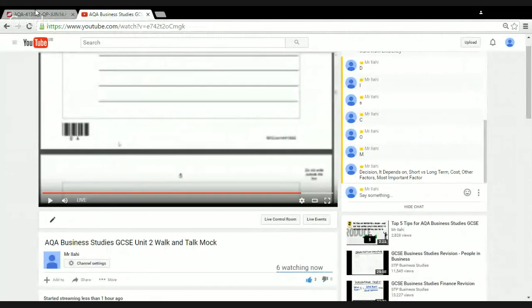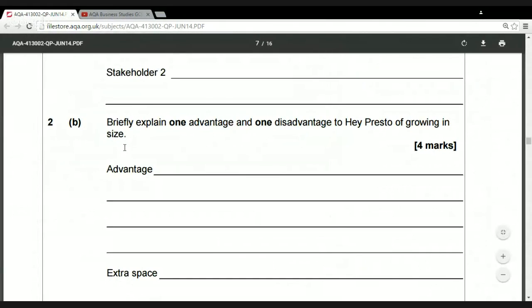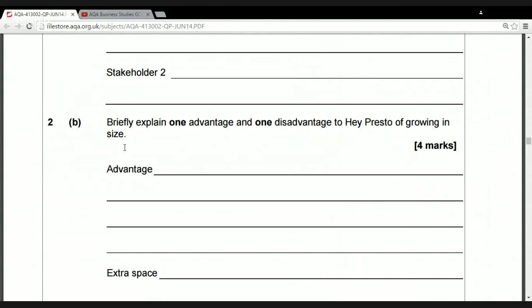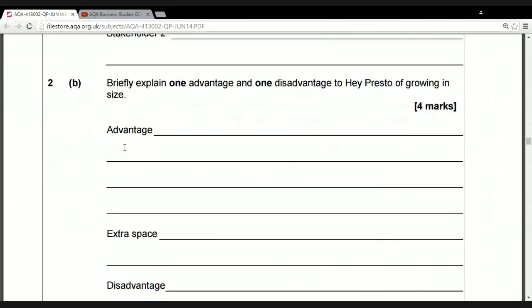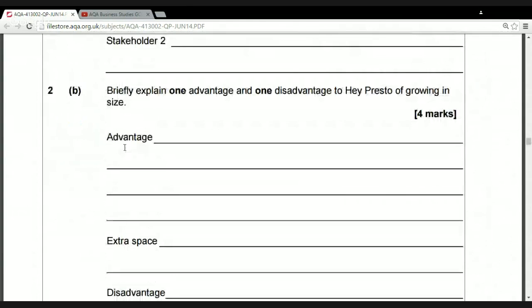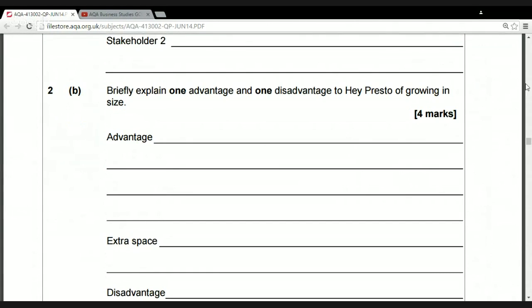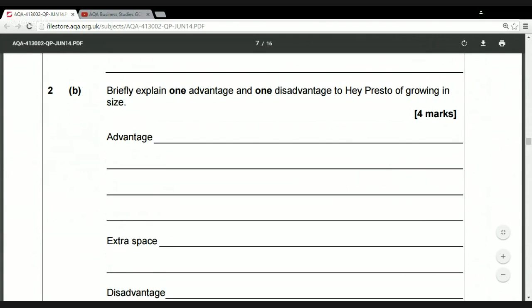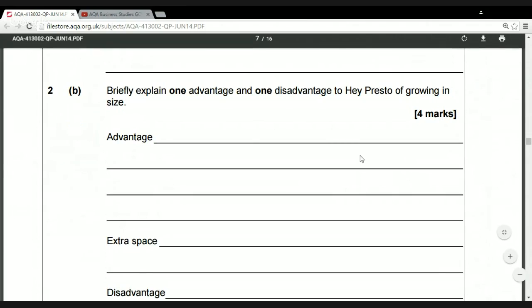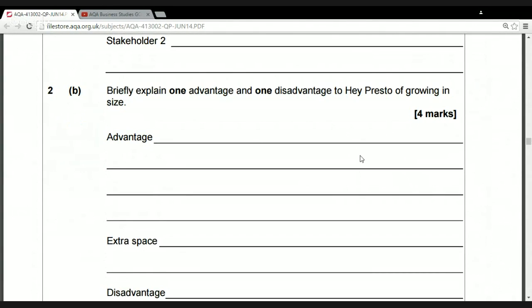The next one is: briefly explain one advantage and one disadvantage to Hey Presto of growing in size. So, how would Hey Presto grow in size?